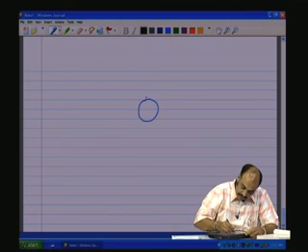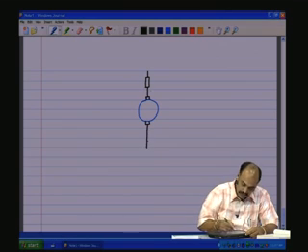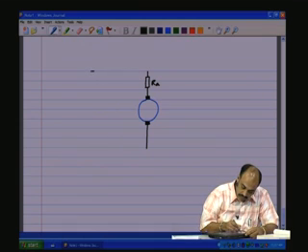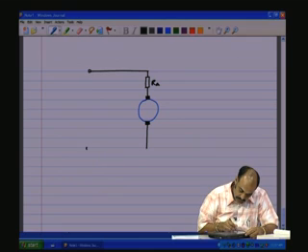We have the brush and the armature resistance Ra as shown here across these terminals. This is the brush and this is the DC motor. This is Ra, and this is brought out to the terminals here.